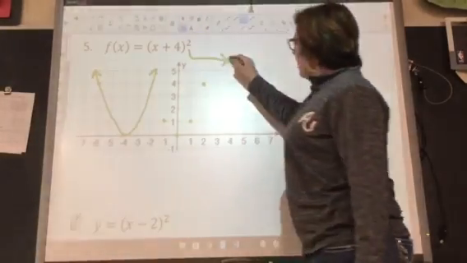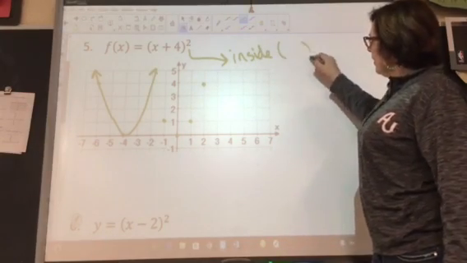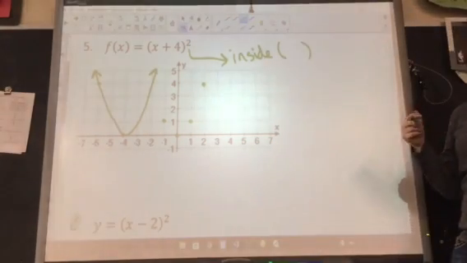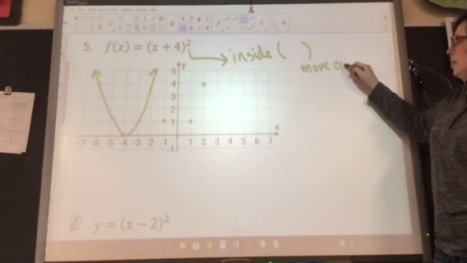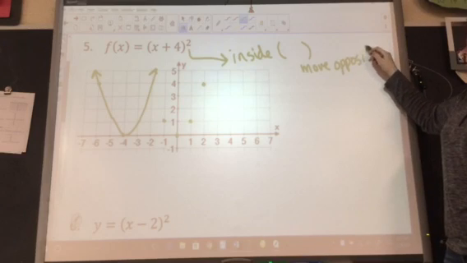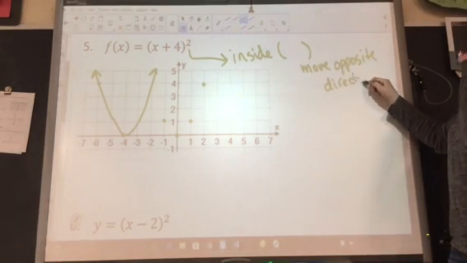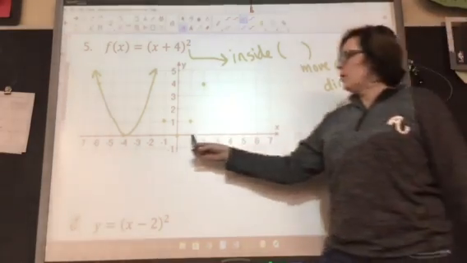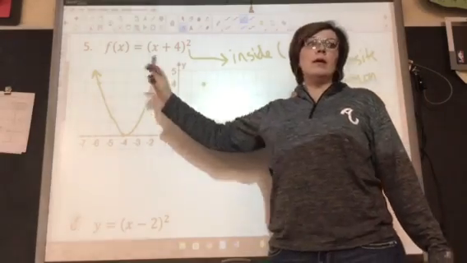Whatever operation you're doing inside the parenthesis, you're going to move in the opposite direction. What I mean by that is when you see a +4, you're actually going to move to the left.